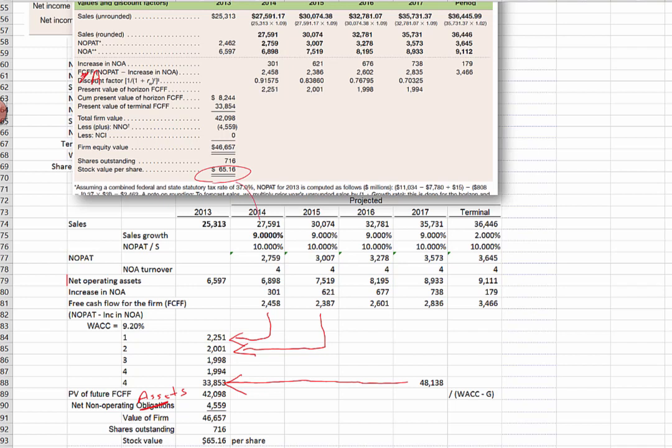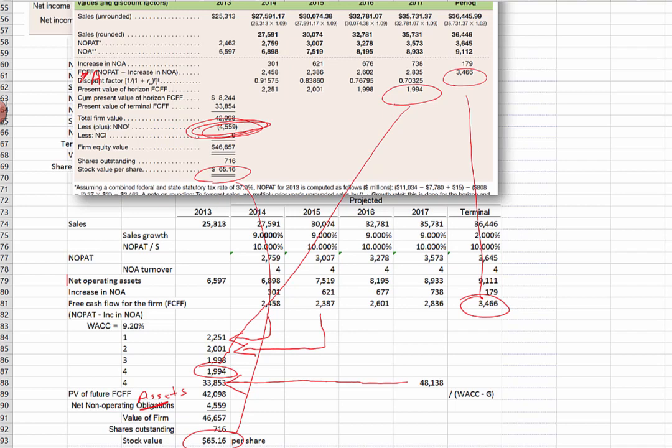So there's that 65.16 that we got, and all of the numbers are pretty much the same. There's the 1994 that we got right there. There's the 34.66 that we got right there. Notice your authors show this as a negative, even though they add it, when arriving at the value of the firm. And that's the example from chapter 13.